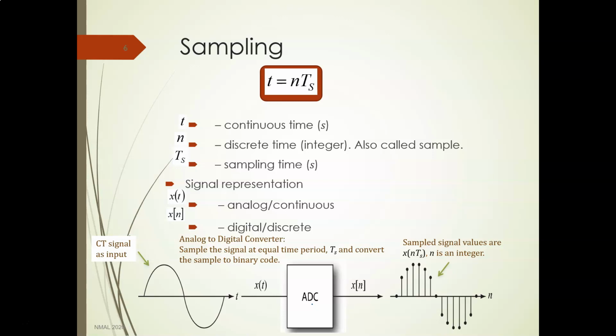The signals are sampled at equal time period ts, and converted to binary code. The output of the analog to digital converter is a discrete time signal. This is an example of discrete time signal values sampled at certain time called ts. So we write x(n ts), and n is an integer.